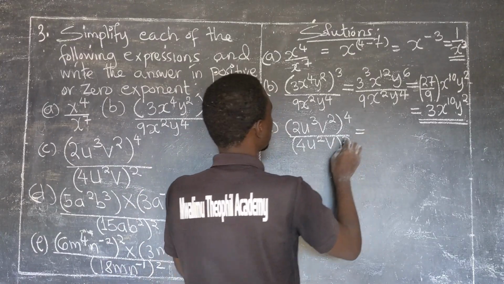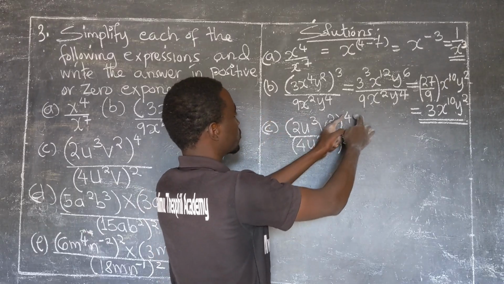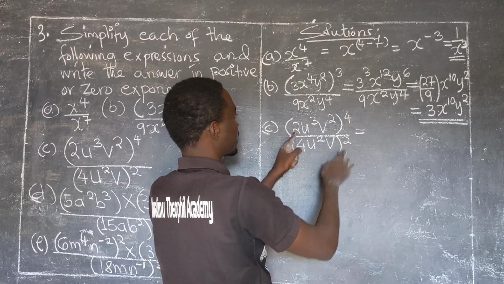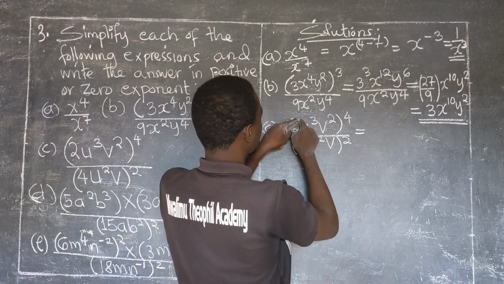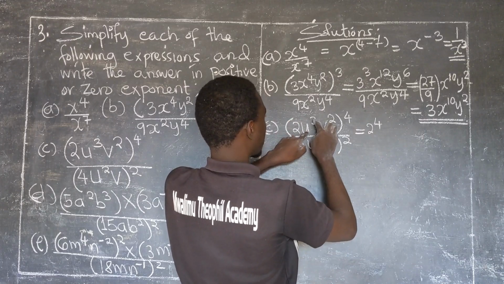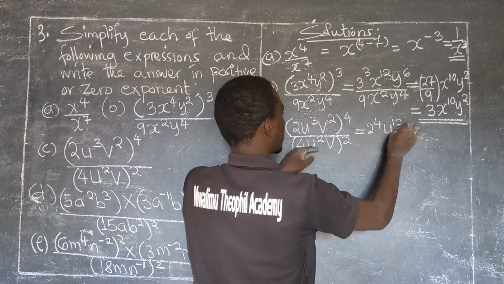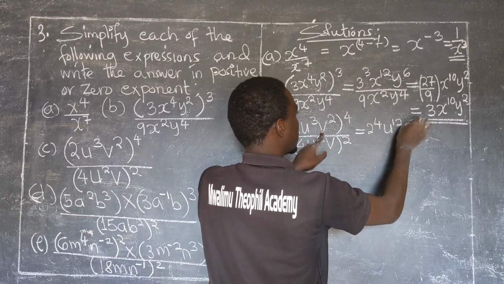This will be equal to, here this whole term is raised to 4. Now we multiply each value inside the bracket by 4. Now 2 raised to 1 will be equal to 2 raised to 4. U raised to 3 will be 3 times 4, which is u raised to 12. V raised to 2 will be 2 times 4, which is v raised to 8.